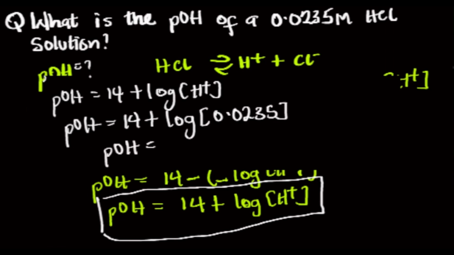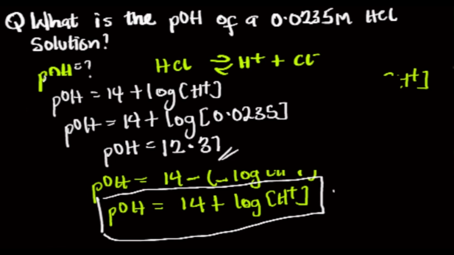So let me simply press my calculator. 14 plus log 0.0235, close the bracket. Let's see what we're going to have. We have 12.37. So that's the pOH.